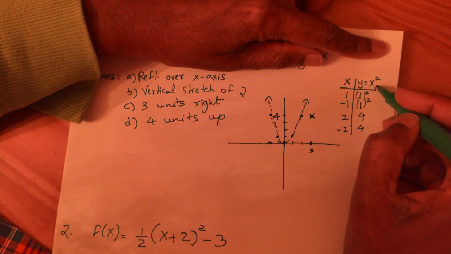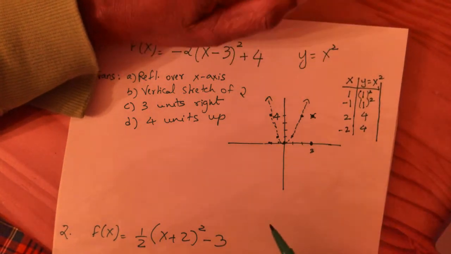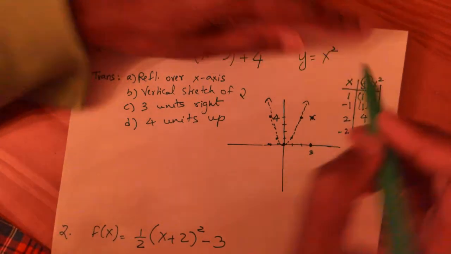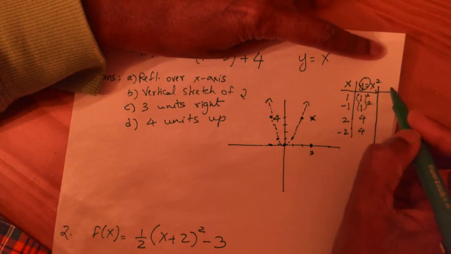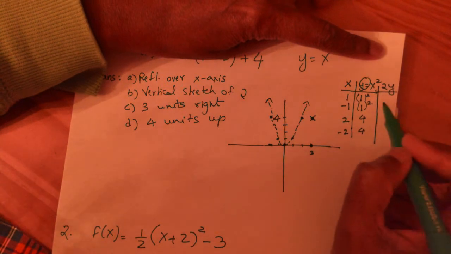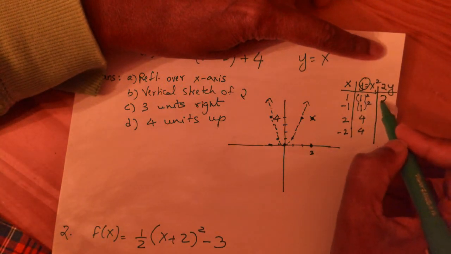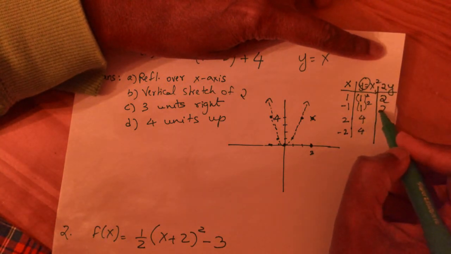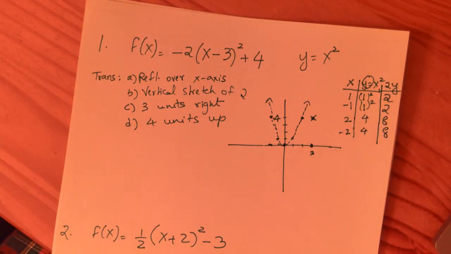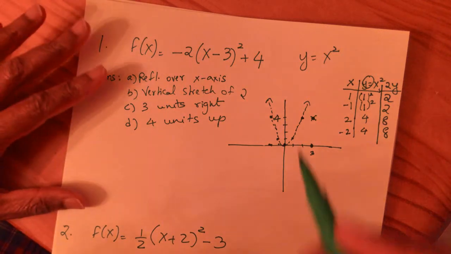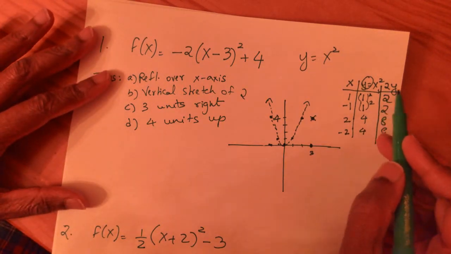But now, because the vertical stretch is 2, I need to take this y twice. So the new y is going to be 2y. 1 squared is 1, so you'll move 2 units. This is also 2 units. This is 8 units, this is 8 units. So do you see that now? The output is going to be twice the old y. Is everybody clear? Because of this 2.